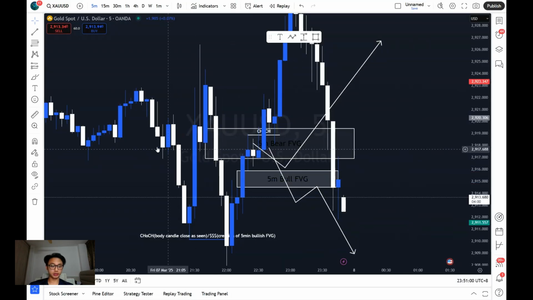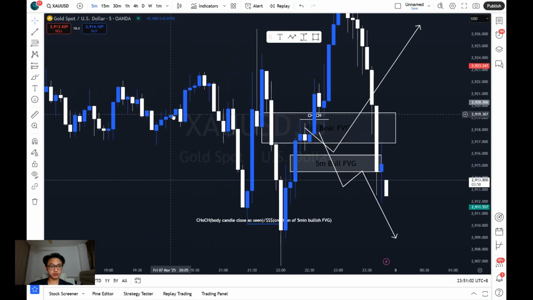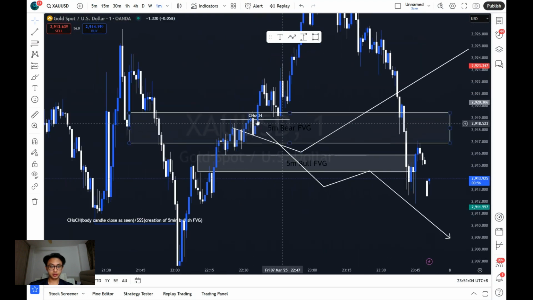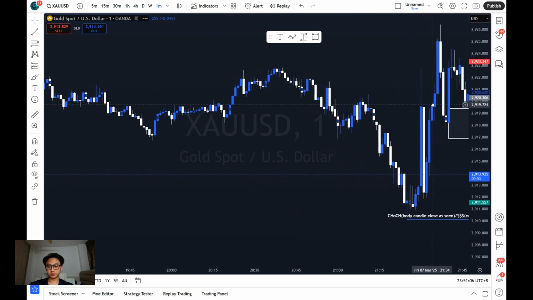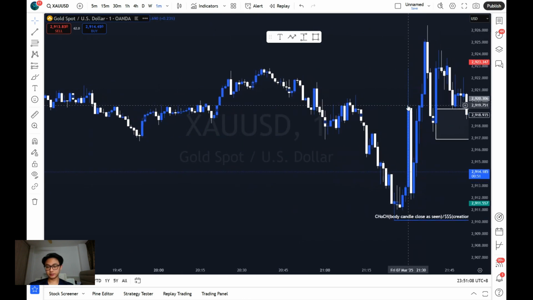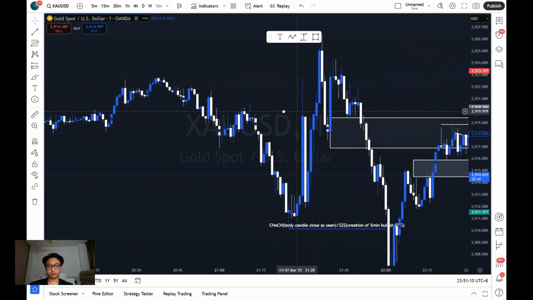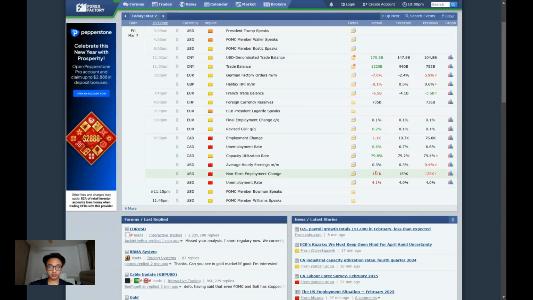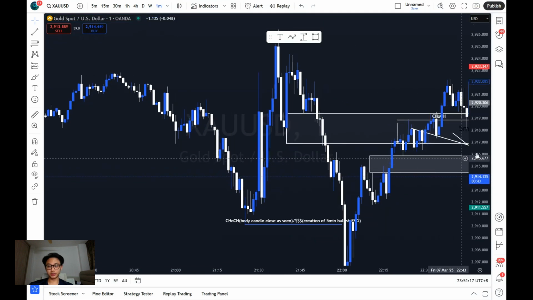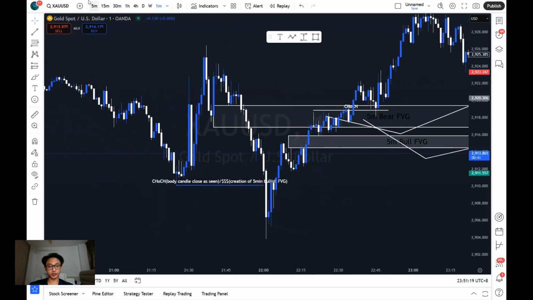So gold should pump, right? And as you can see on the 1 minute time frame, the 9:30 candle was a bullish candle, right? So it pumped, and the thing is, 151K is in between the previous and forecast, so price wouldn't really be moving anywhere, right?